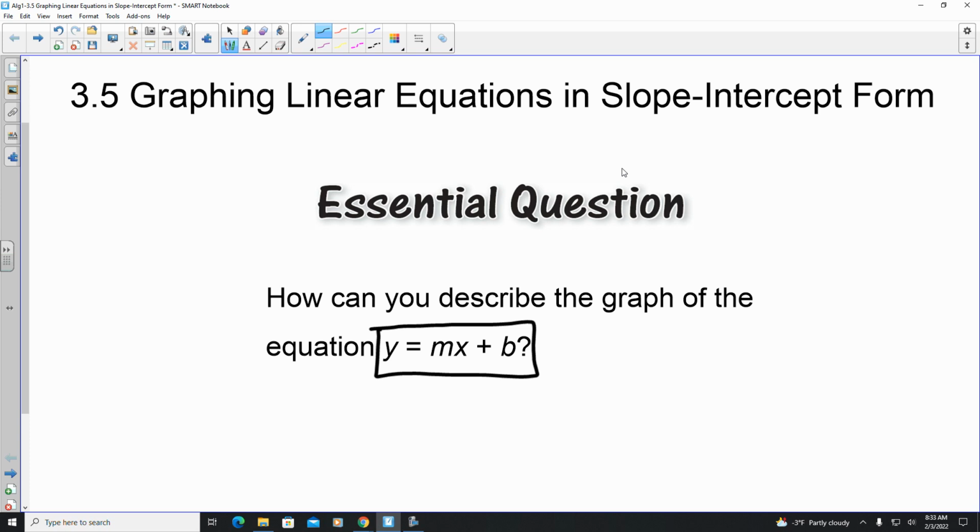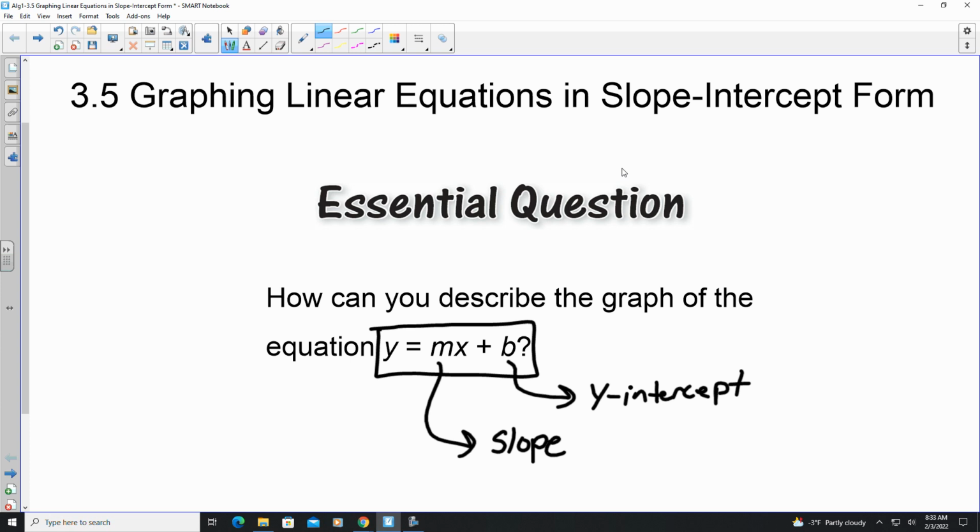Things that we need to know about this particular equation are what our value of m is and what our value of b is. M is going to be the slope of our graph, of our line, and b is going to be the location of our y-intercept.